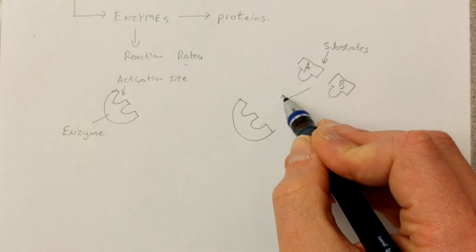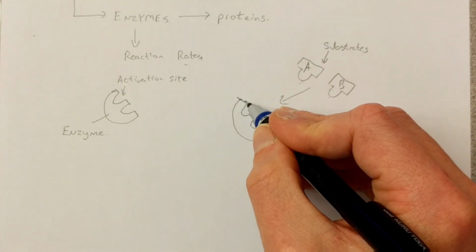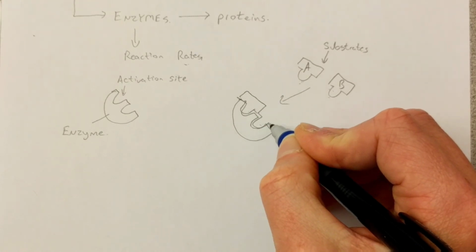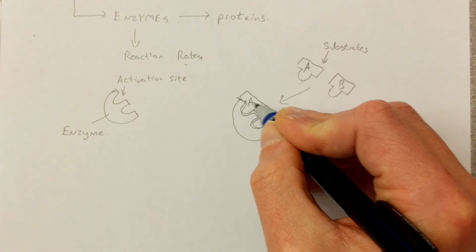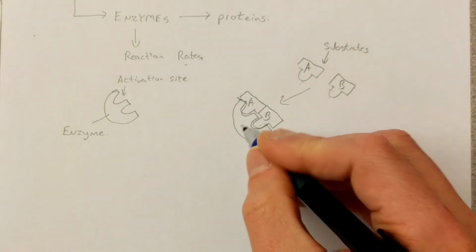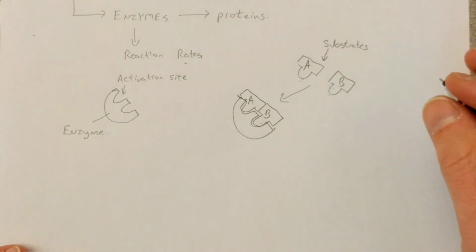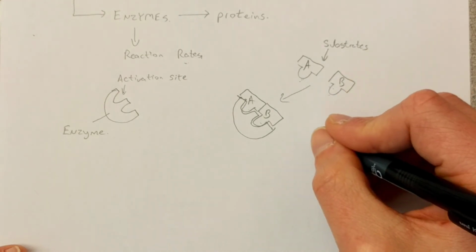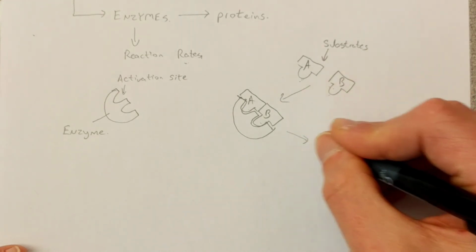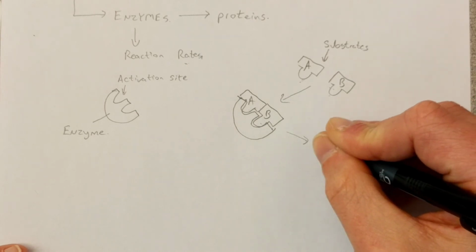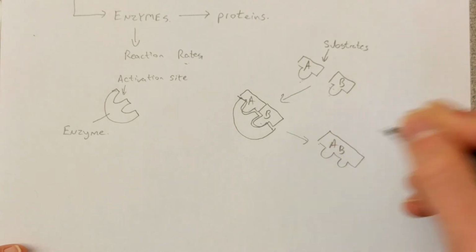So as these two come together, the enzyme forces them to collide with each other. Here's our A, here's our B. It forces them to react. And once they react, you can have something along the lines of substance AB.